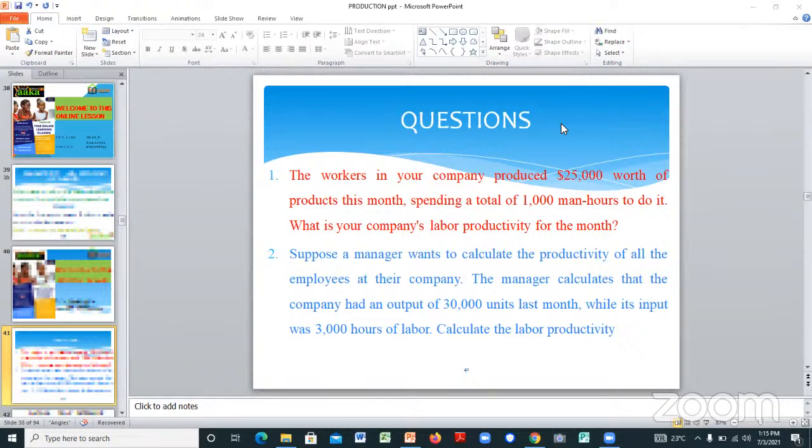Noah, your mic is unmuted. You want to say something? Labor productivity is equals to total output divided by number of workers. Okay, thank you. Any other?